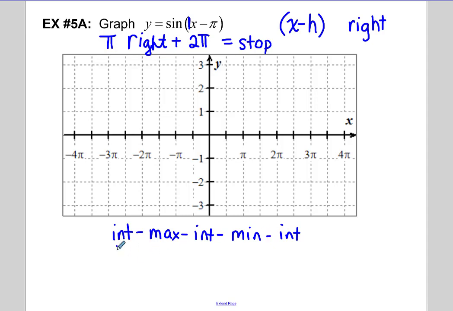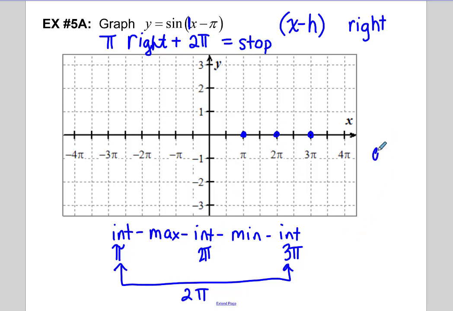And instead of starting at 0, we're going to start at pi. And instead of stopping at 2 pi, we've got to stop at 3 pi because the period is 2 pi for one complete cycle. So if we start at an intercept at pi and we stop at an intercept at 3 pi, then in the middle is our other intercept.